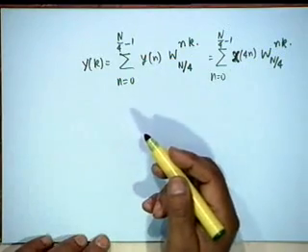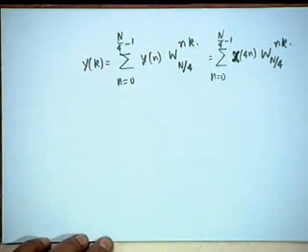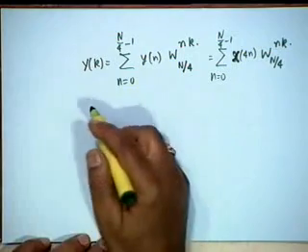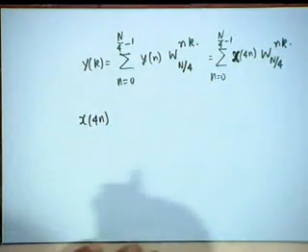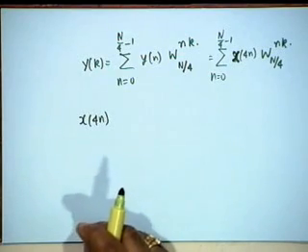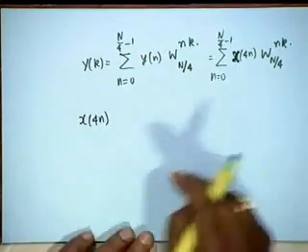So x of 4n. Now here is a twist. x of 4n we will compute in terms of capital X of k. You see what the problem now is?